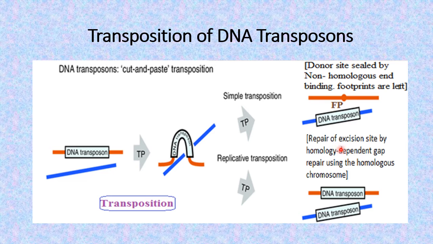Instead, the repair of the excision site takes place by the homology dependent gap repair, and for the purpose, the homologous chromosome that is present in the cell is made use of. So in this manner, although the method was that of cut and paste transposition, the donor site as well as the recipient site both have a copy of the same transposon.